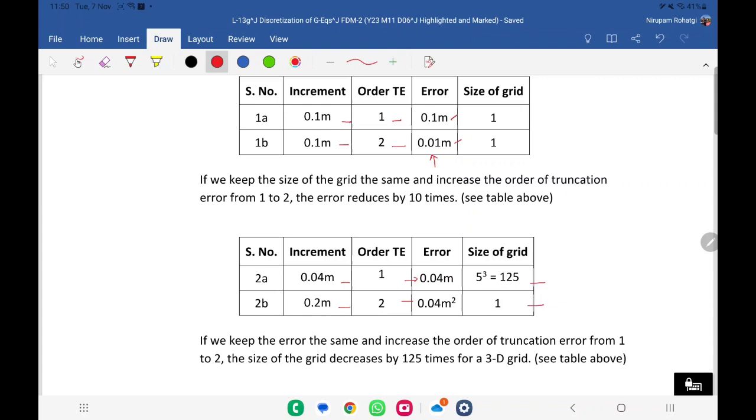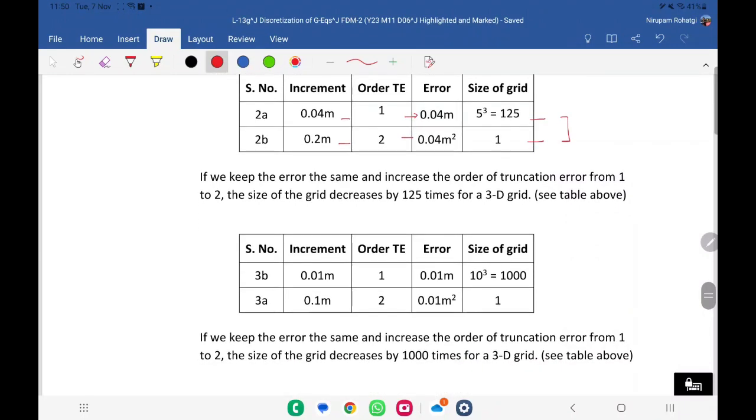So people actually decide between them what to do: should we go for a higher order formulation, or should we go for a smaller grid cell size? And you can see the difference: if you are keeping the error the same, one grid is 125 times more than the other, because we are assuming a 3D problem.